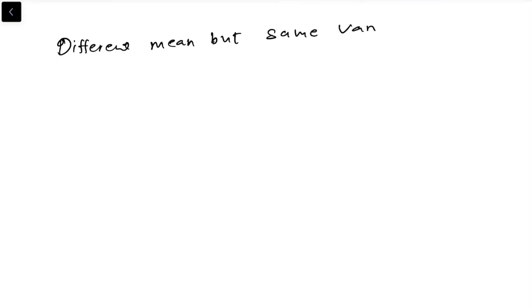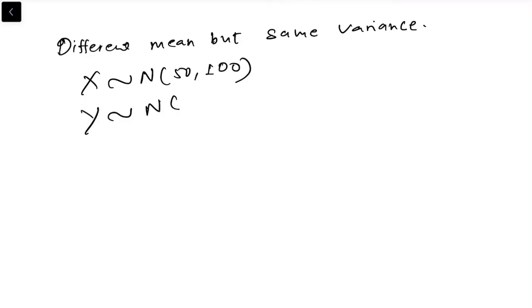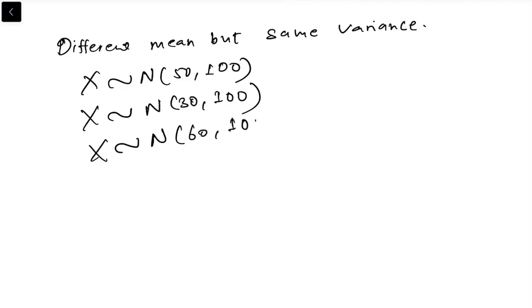So suppose x follows normal 50, 100 and y follows normal, let's say 30 comma 100, or let's keep the variance constant. We are basically changing the values. So x follows normal 60 comma 100. So how will the graph change? So let me draw this.